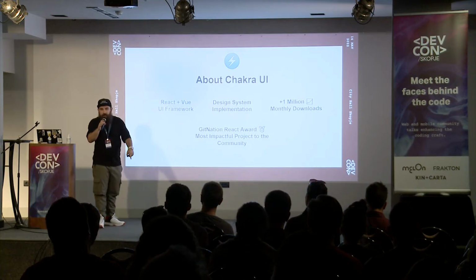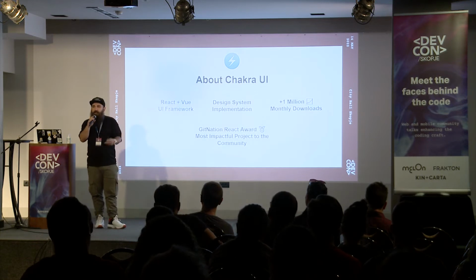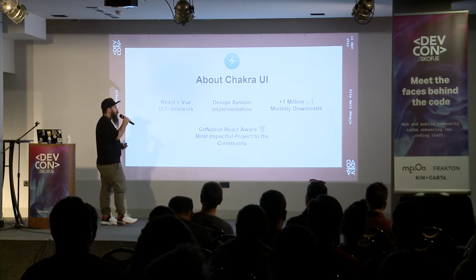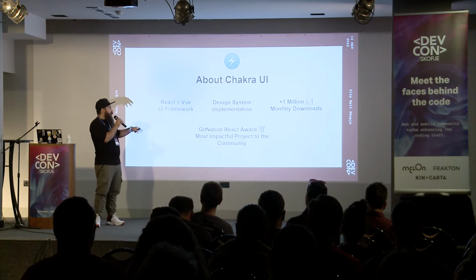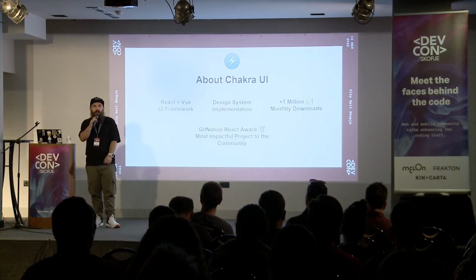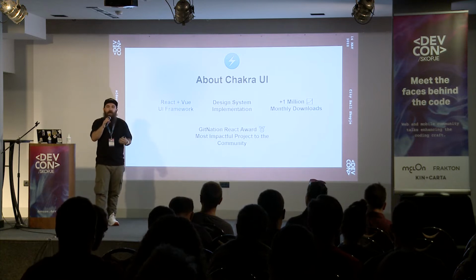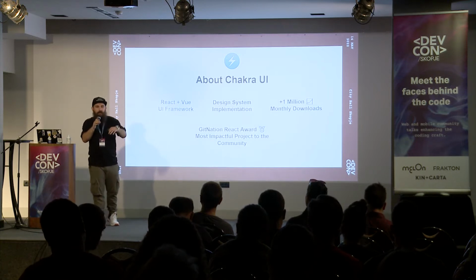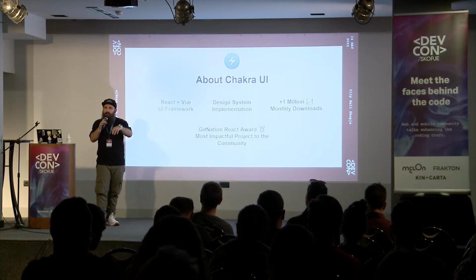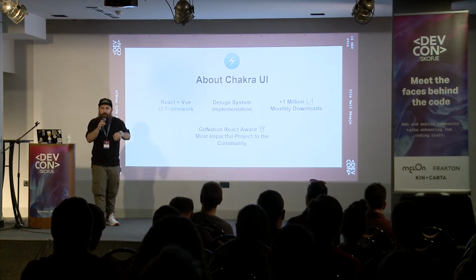And Chakra UI does not have that many components, a bit lower number, but the design system implementation is actually the key feature that Chakra has, because it's 100% extensible, and people actually use it to build their own design system on top of Chakra UI, and no one knows that it's built with Chakra UI.